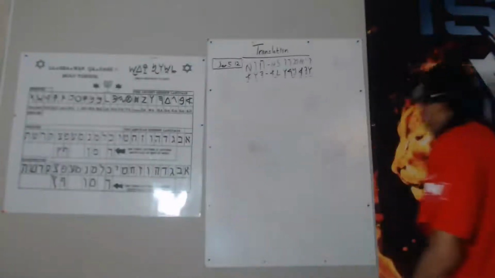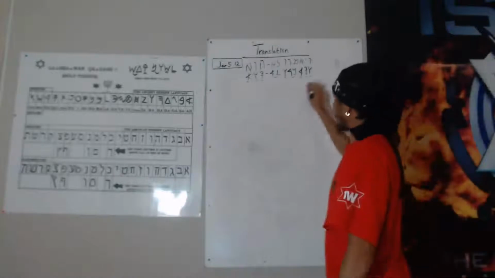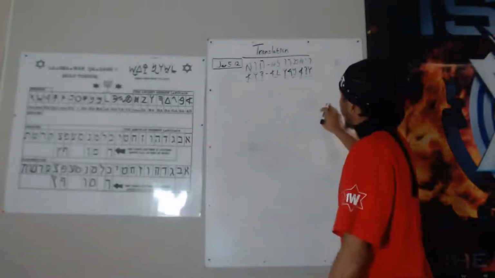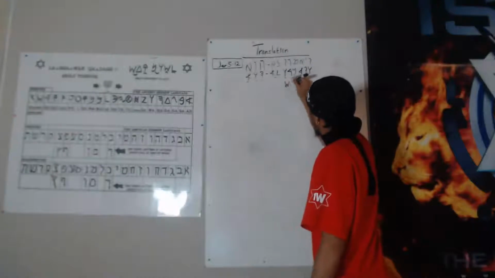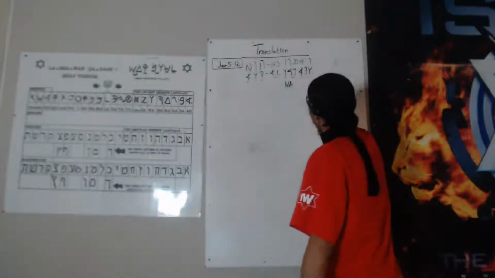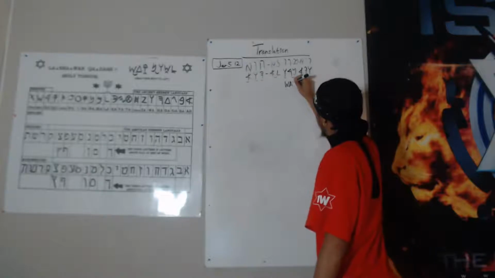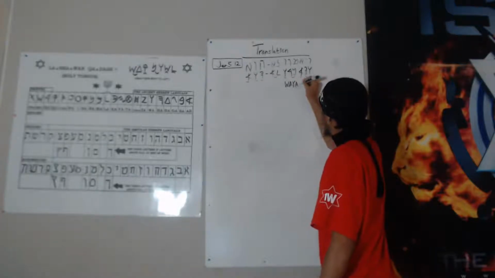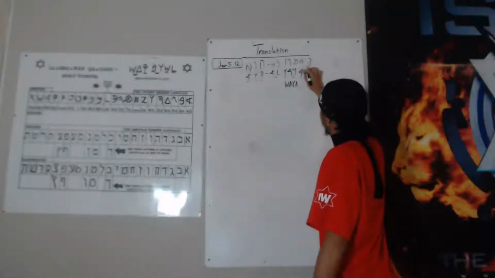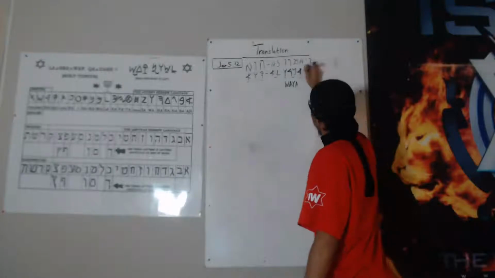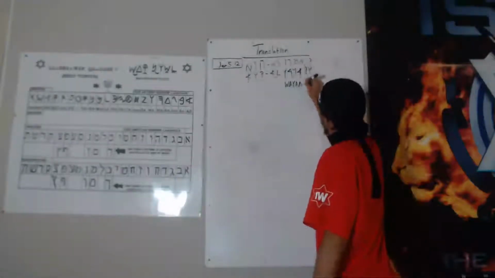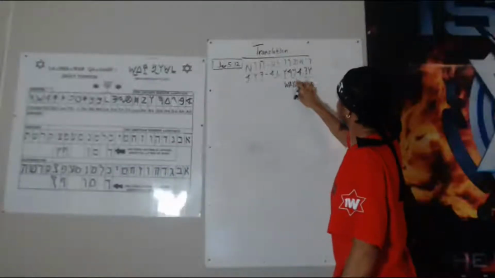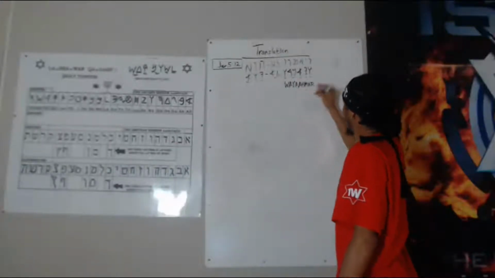Of course, everything is right to left, not left to right. So this right here is going to be a Y. Next to it is going to be a Yah. After the ones that are connected with the La and the Ra, we have a Y here.